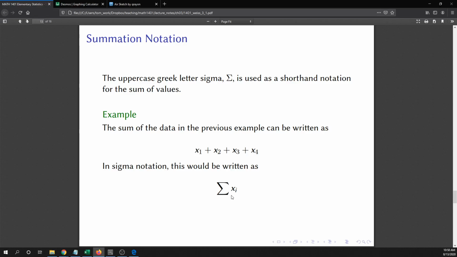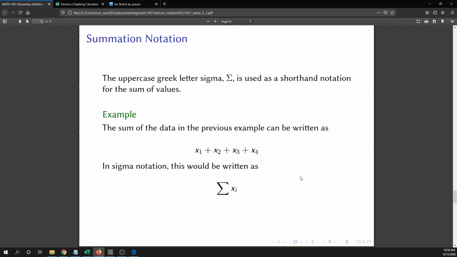You don't have to go too deep into this notation, because there are some other things that we could talk about in regard to that. But really, when you see this, it just says add up all of the observations. That's it. It looks kind of complicated when you first see it, but it's just because mathematicians and statisticians in general don't want to have to write a lot. There's already a lot of stuff to write, so this notation just makes it very simple to write. You just have to know what it means.